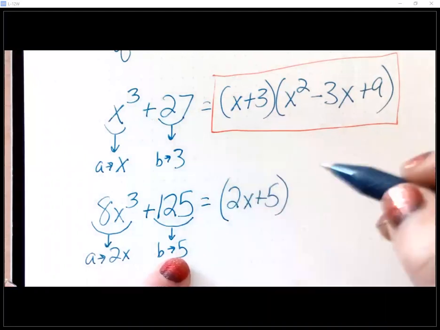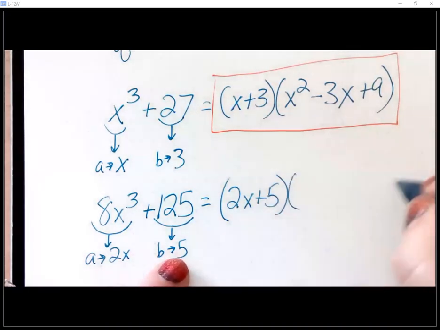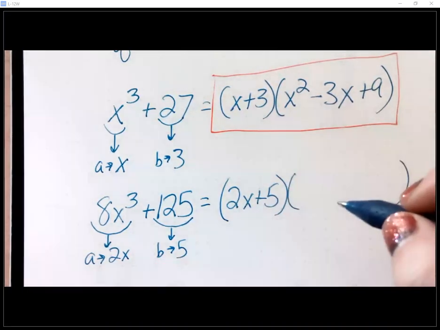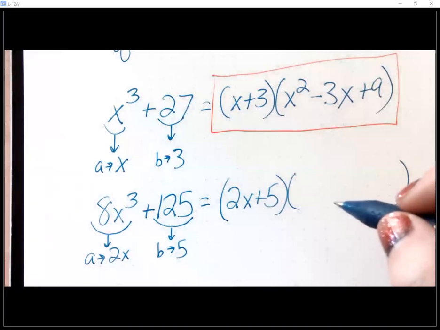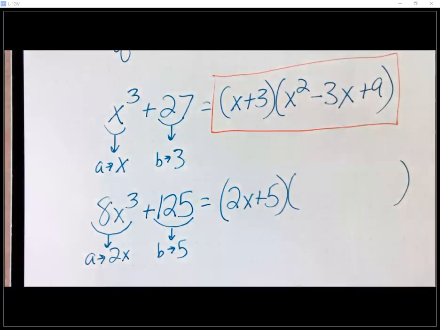Yeah. And now your next one, you need A squared. So what is that? Someone tell me what A squared is. Well, A is 2x.